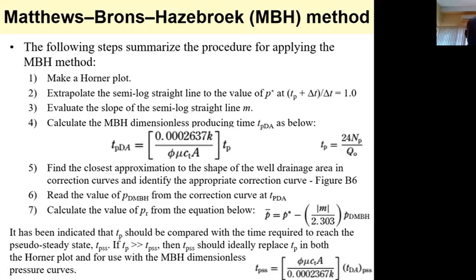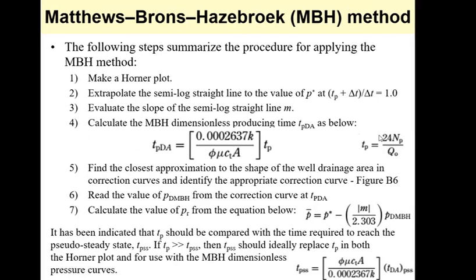Using the MBH method requires, one, producing the Horner plot; two, extrapolating the semi-log straight line to the value of P star, which is the point at which the Horner time is equal to 1; obtaining the slope; and then we need to calculate the dimensionless producing time as a function of the producing time, that's here.